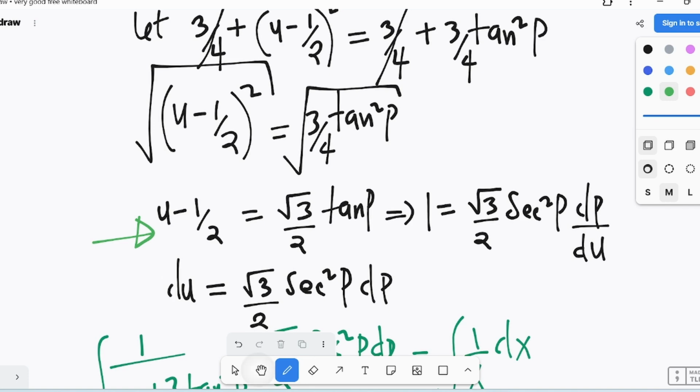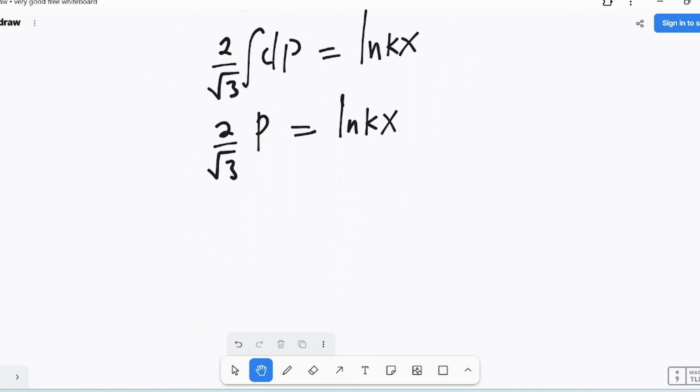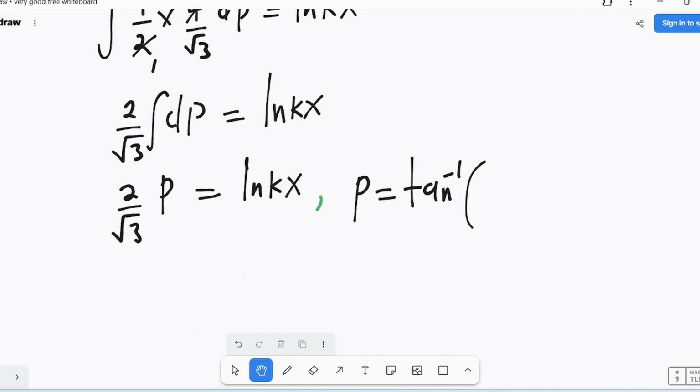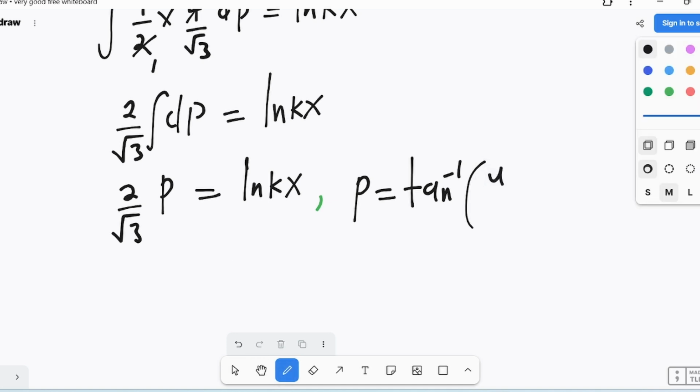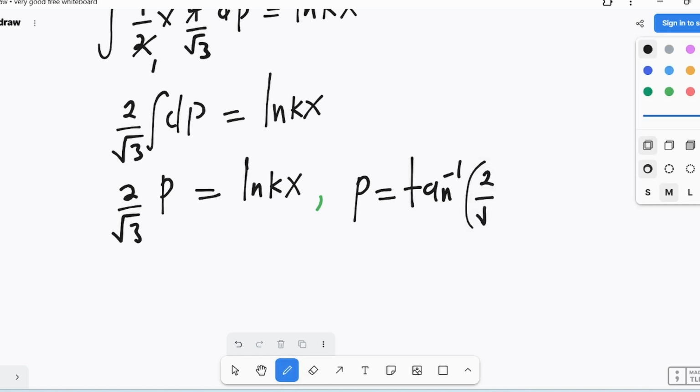So if you keenly look at it, our p is tan inverse of, let me create space, tan inverse of 2 out of root 3 into u minus a half.